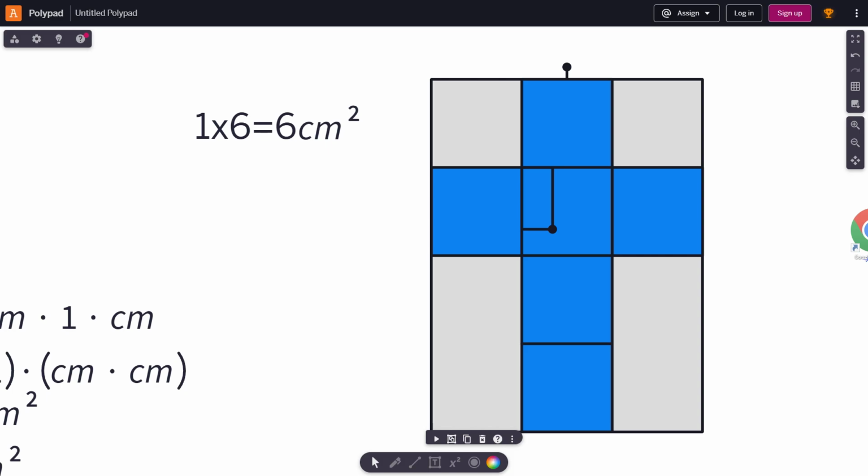Substituting the values, that equals 2 times 2, since the square is 2 rows of 2, which will then equal 4 centimeters squared.